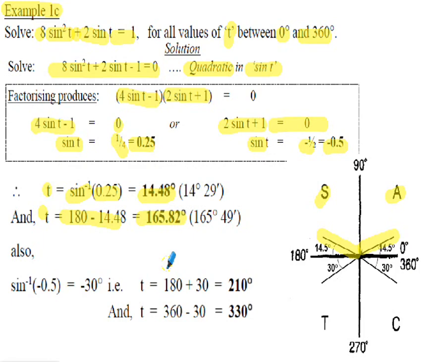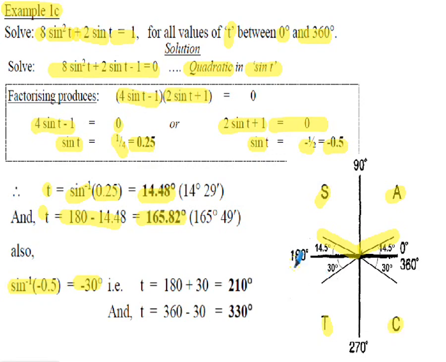And then don't forget with the negative ratio, we've got a negative 0.5 ratio, taking the sine to the minus 1 of the minus 0.5 will give you minus 30 degrees, and the sine function is negative in quadrants 3 and 4, these quadrants here.